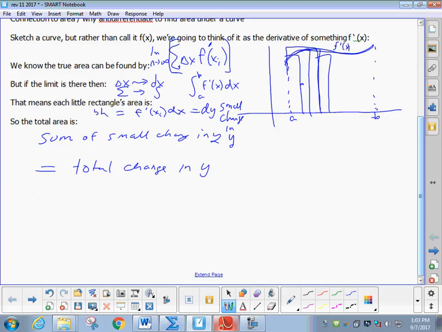Well, the total change in y would be something like y at the end minus y at the start. And y at the end would be y of b minus y of a, and then considering that f prime is the derivative, then y should probably be called f of b minus f of a.